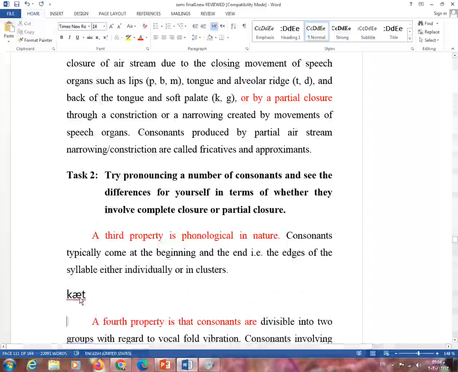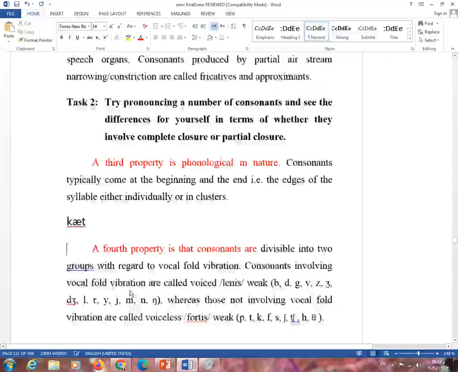We find that a, which is a vowel, comes in the middle of the syllable, as you see. At the beginning, we have a consonant. At the end, we have another consonant. This means that consonants usually come either at the beginning or at the end of the syllable, but never in the middle, because in the middle, we always see a vowel. This is the third property.